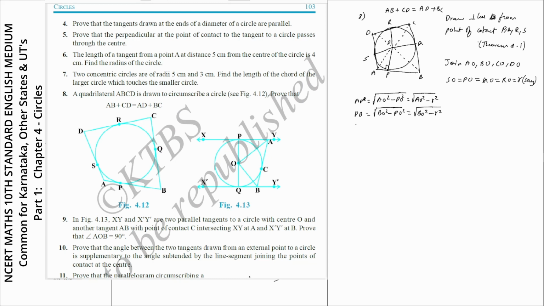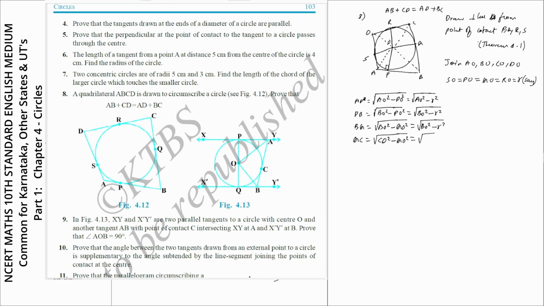Similarly, what is BQ? BQ is equal to square root of BO square minus QO square. So this is equal to BO square minus R square. Similarly, what is QC? QC is equal to square root of CO square minus QO square.